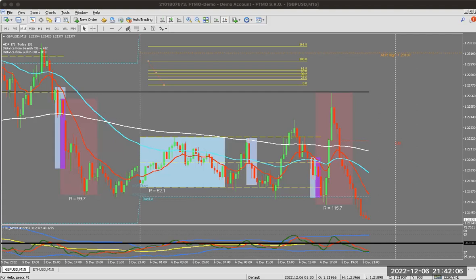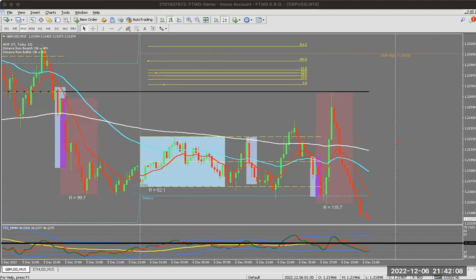So there's a few levels we want to use, and there's a few levels which we don't need at all. The first level we need is the 0.382, which is the 38.2.